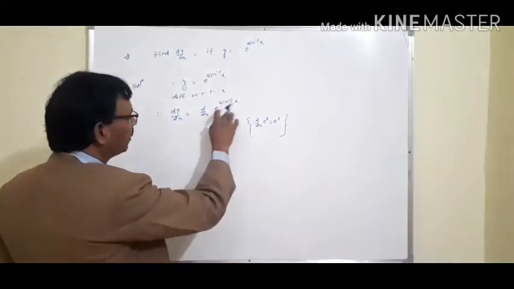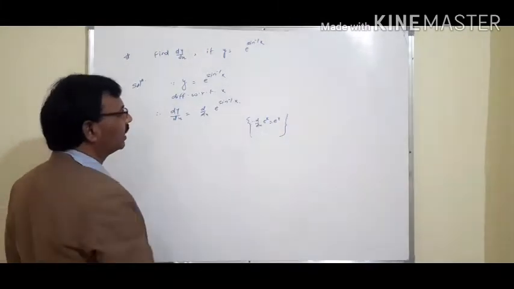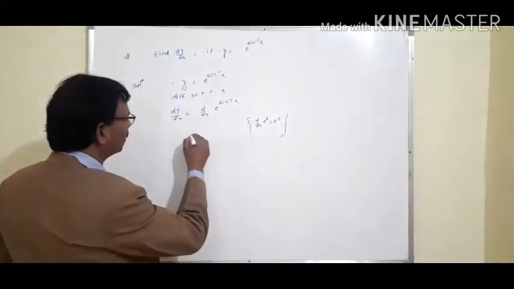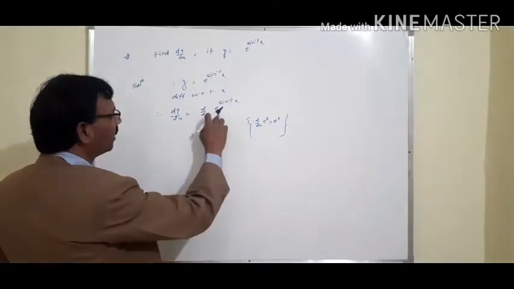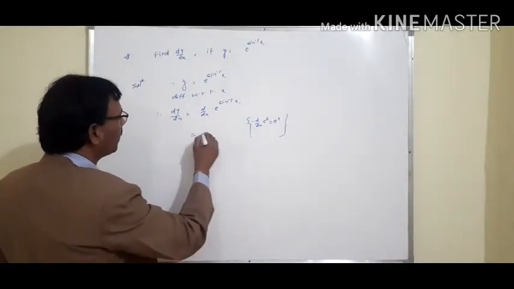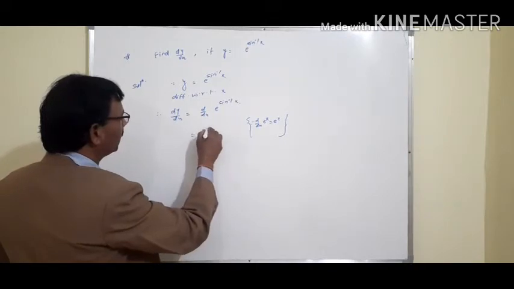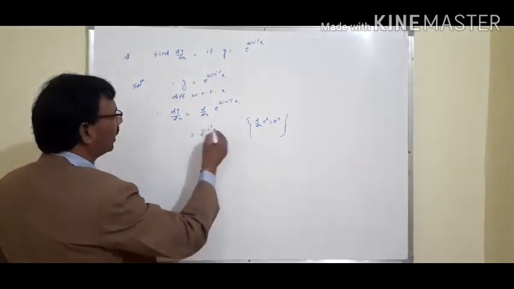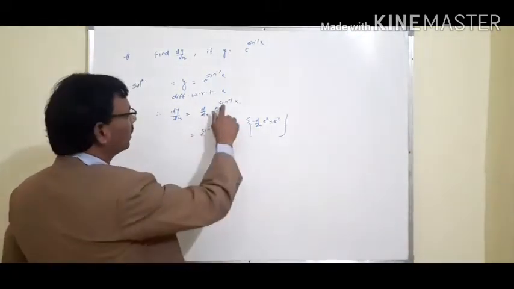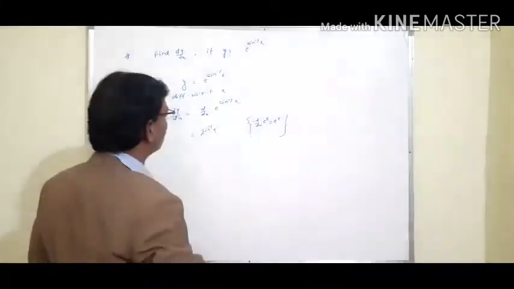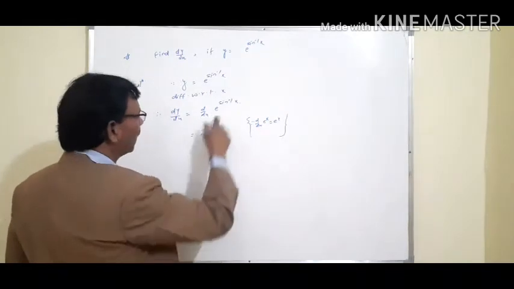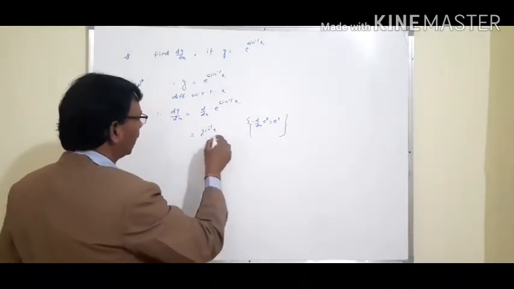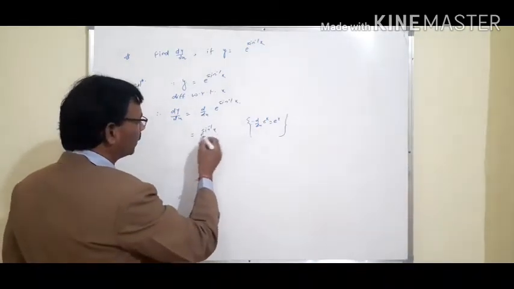Since this function is in this form e to the power x, so according to this formula dy dx of e to the power sine inverse x will be e to the power sine inverse x, but this is not in the standard form, so we will find the derivative of sine inverse x separately and write in the product of this function.